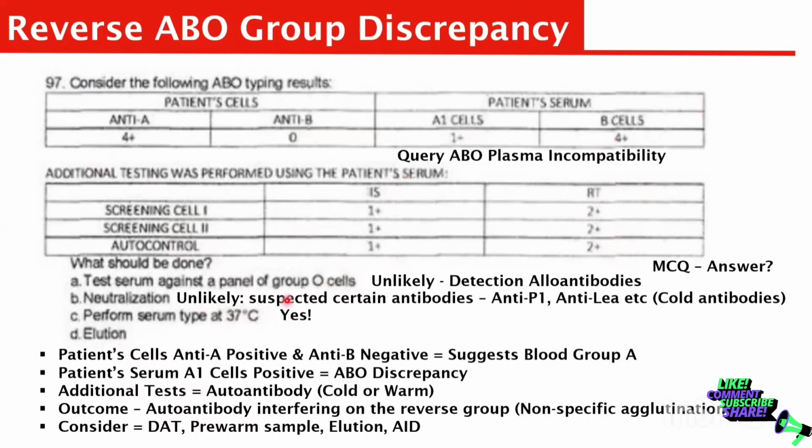That means you are suspecting that the antibody here is stronger at room temperature, not strong at 37. Maybe if you warm the serum at 37, it's going to dislodge, kind of inactivate that very autoantibody in such a way that once the sample is still warm and you repeat this reverse group and repeat this very antibody screening, you'll be surprised that it's going to come out clear.